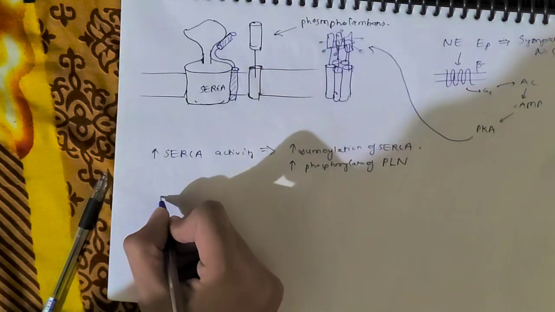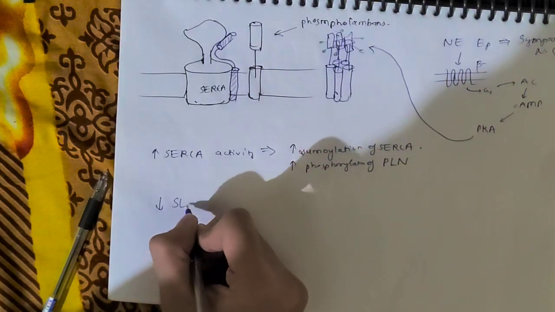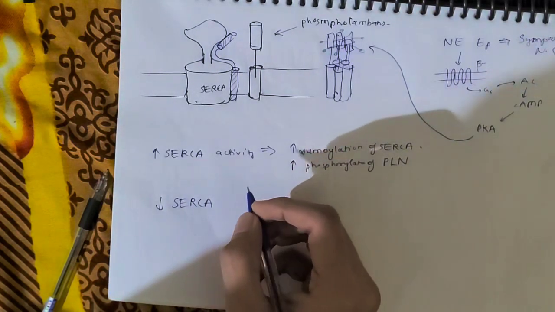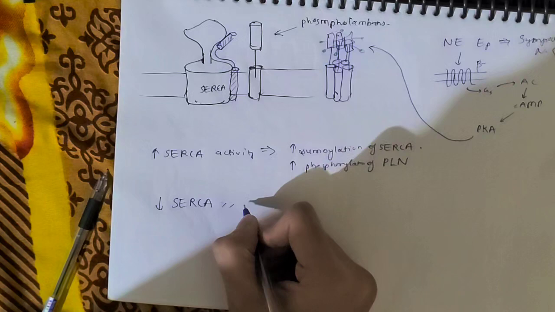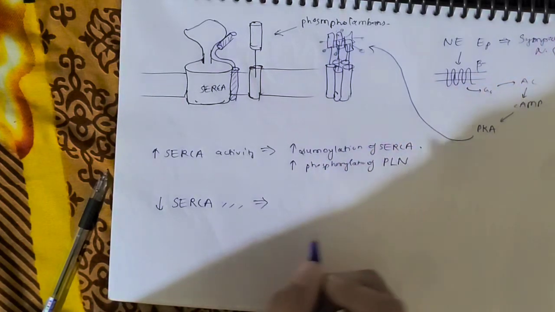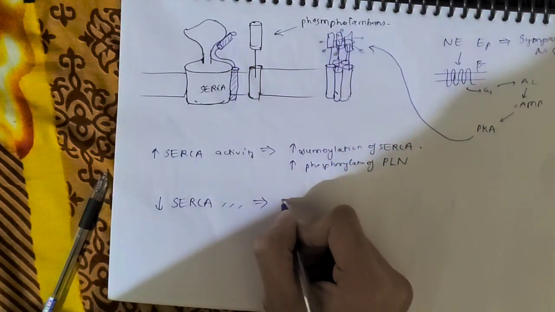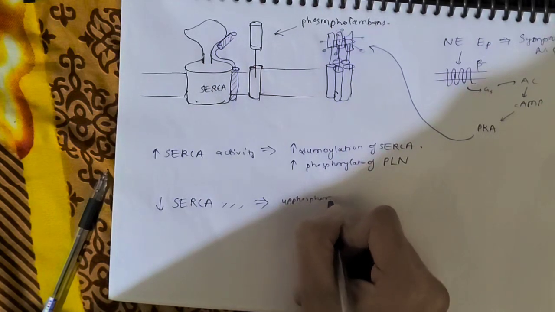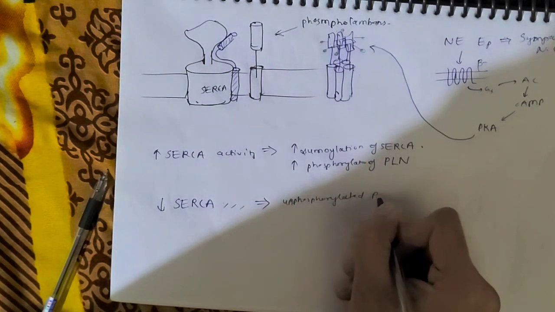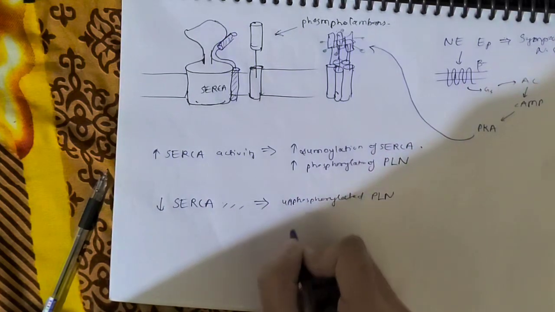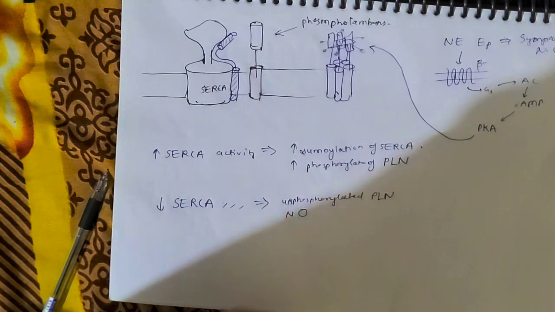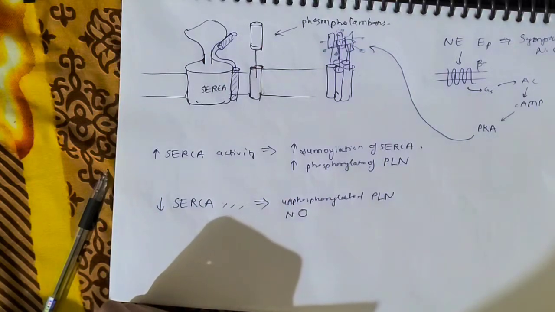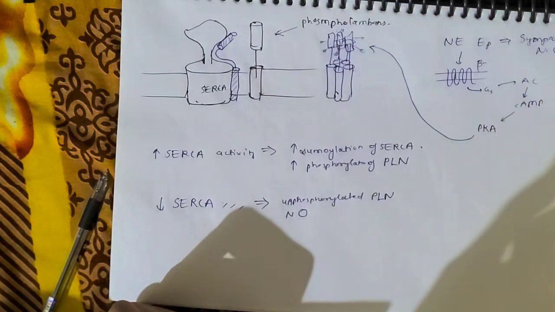And factors that decrease SERCA activity, specifically SERCA2A actually, but we are not going into nitty-gritty details about it. These are unphosphorylated phospholamban, and nitric oxide, which can inhibit SERCA2 activity via thiol oxidation and nitration of tyrosine residues.